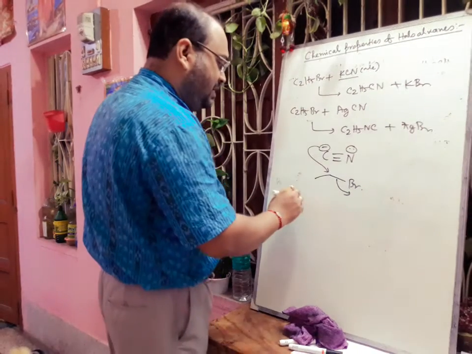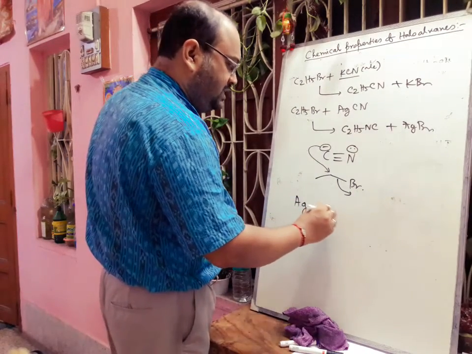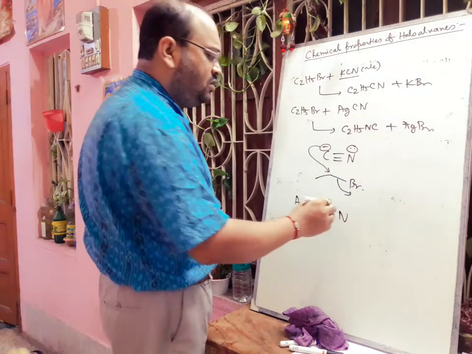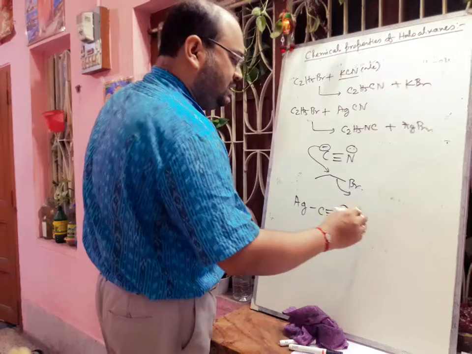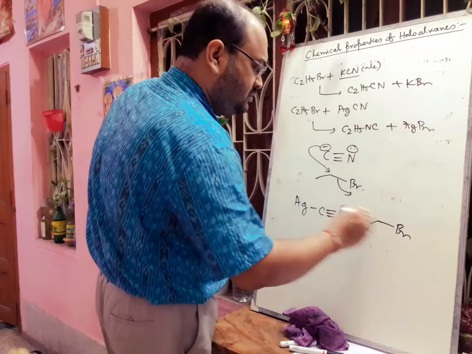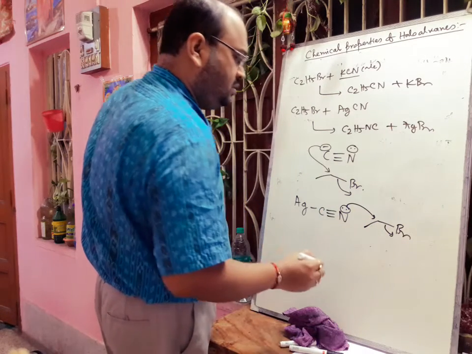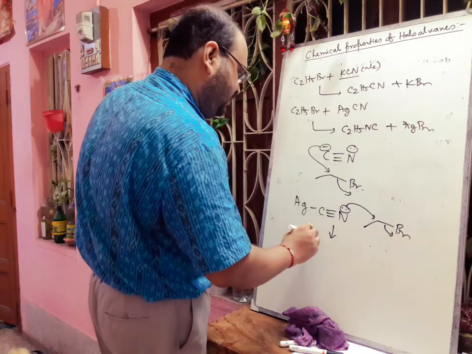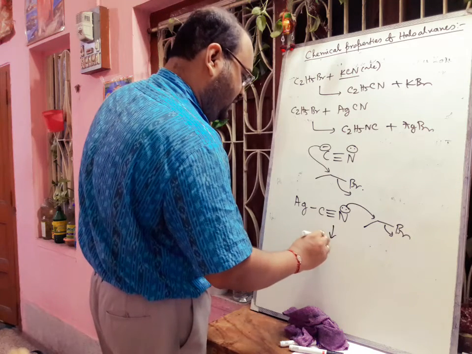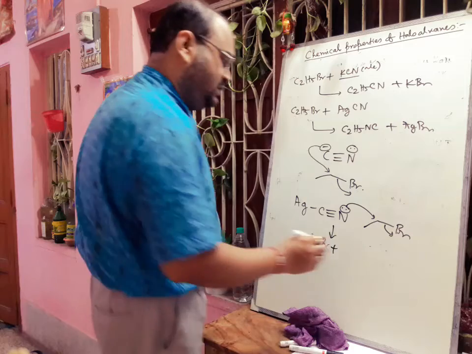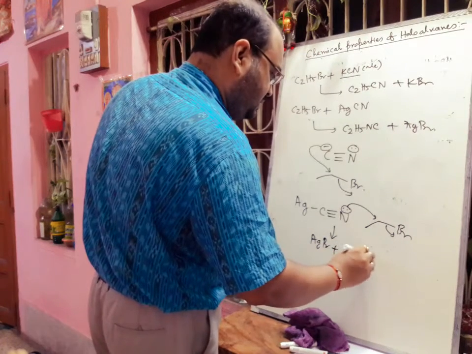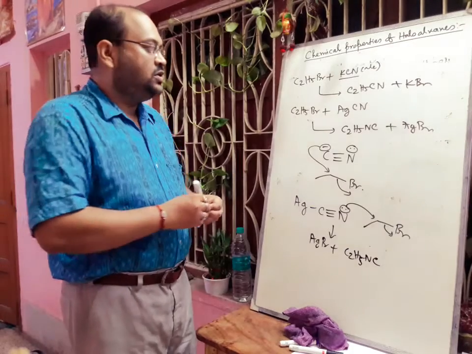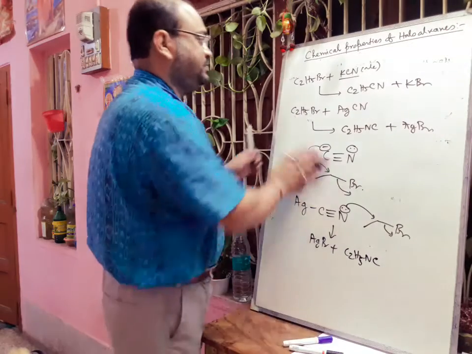But silver cyanide is a covalent compound, so nitrogen will attack this ethyl bromide. So here we will get AgBr plus C2H5NC. That means we are getting isocyanide. So in this way we will get different products.